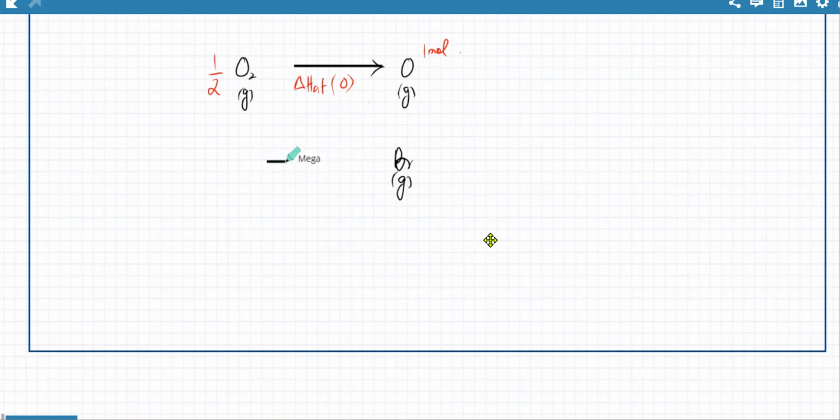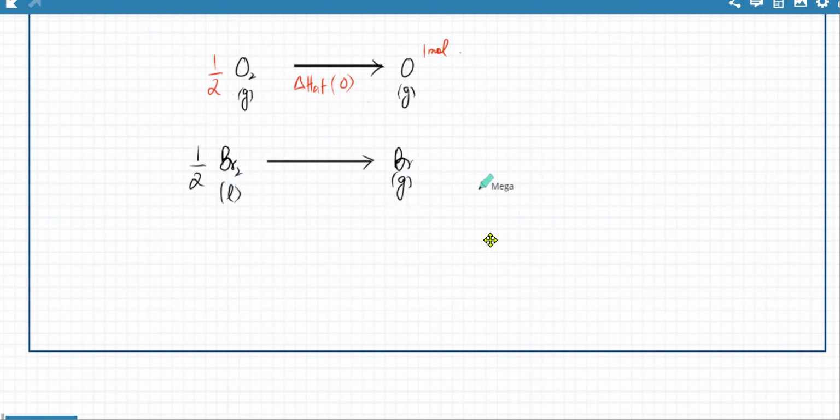So for example, bromine. I want to form 1 mole of bromine gaseous atoms from its element. Now you must know what the elemental form is. Bromine is a diatomic molecule and it is a liquid. Remember, all group 7 elements are diatomic, and this would be multiplied by half as well.